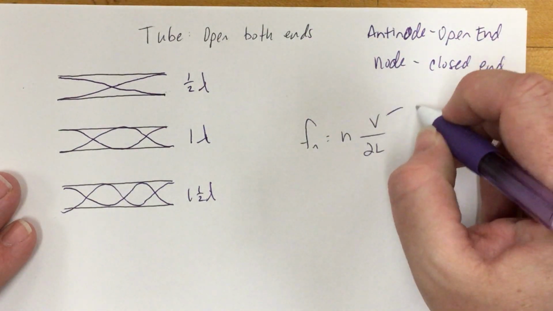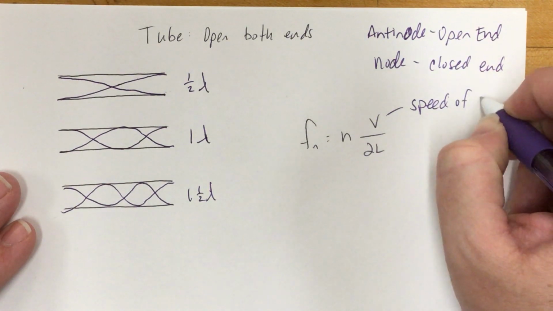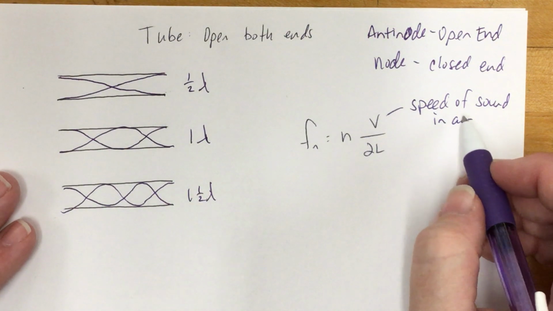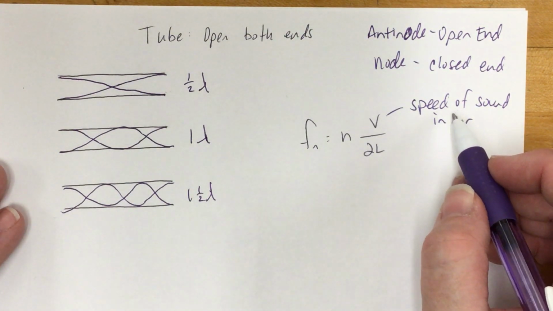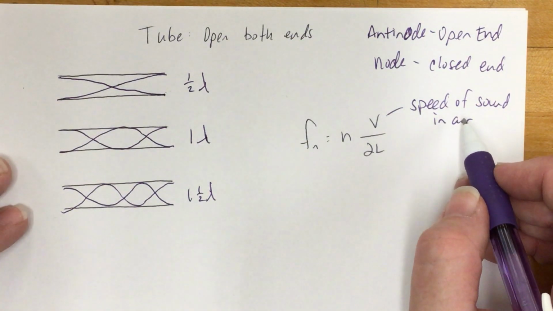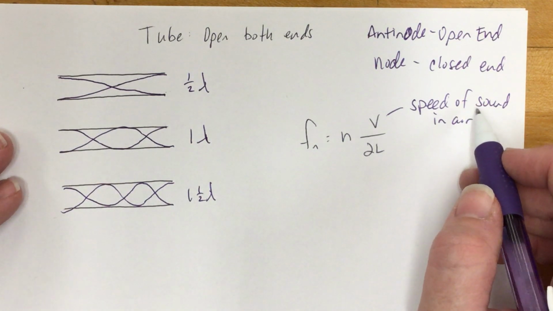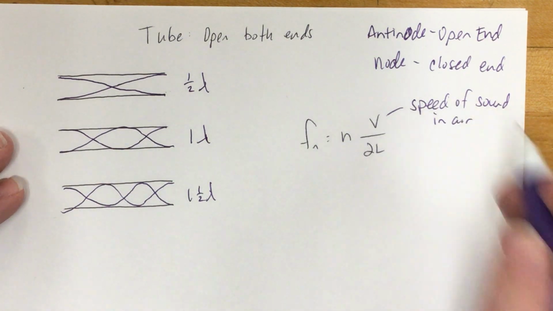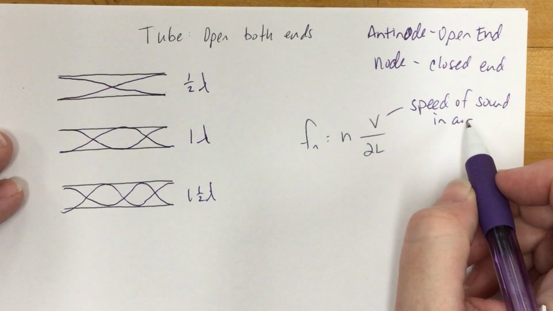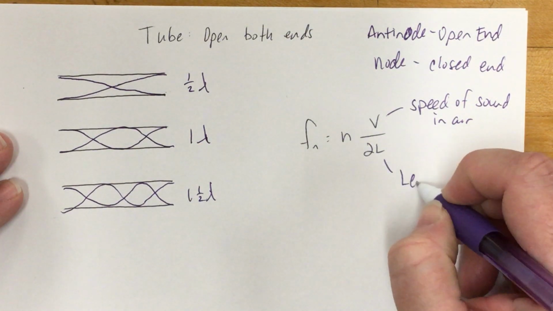And so here, v is the speed of sound in air. If it's not given, you can use 340 meters per second. But the speed of sound in air does depend on the temperature of the air. So sometimes it might be 343, or it might be down to 335, or various temperatures would change various speeds. So if it's given, use that. If it's not, you can use 340. This is the length.